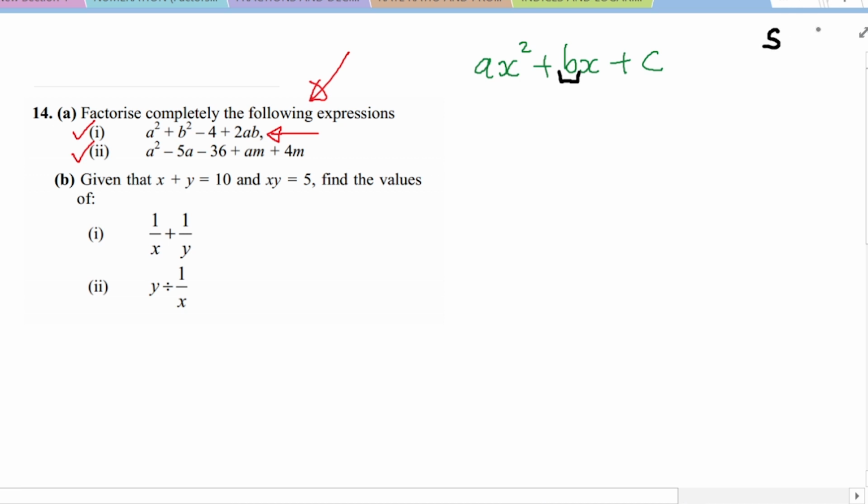When we add them, they give us a sum of b, and when we multiply those two numbers, it's supposed to give us a product of a times c. We remember this, right?